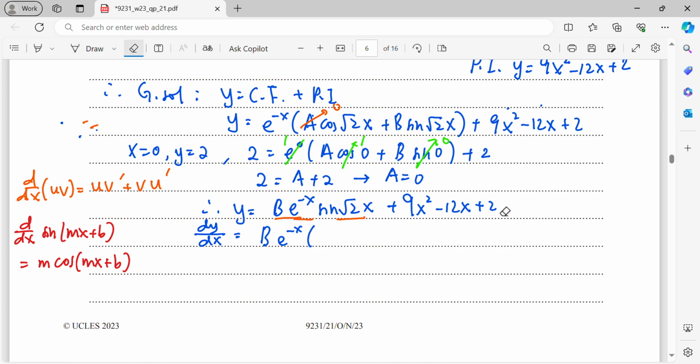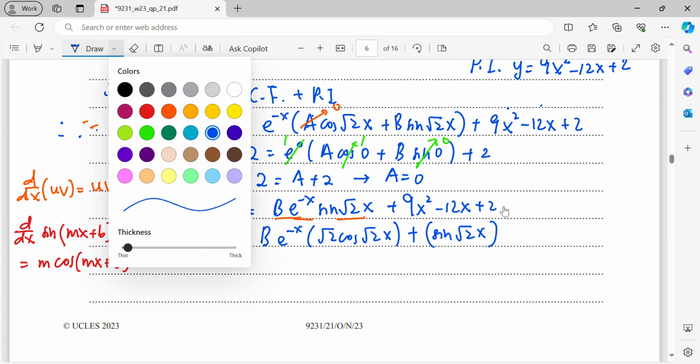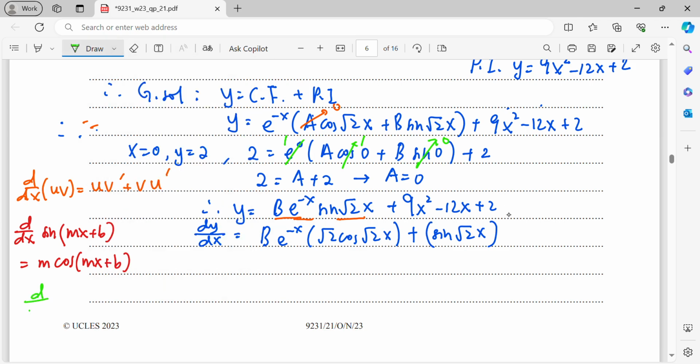That means now, here you will be getting: differentiate sine, you get cos, rewrite the square root 2x. Differentiate square root 2x is square root 2. And then plus, keep the sine. Differentiate b e minus x. For your info, when you differentiate e to the mx plus b, that is m e to the mx plus b.